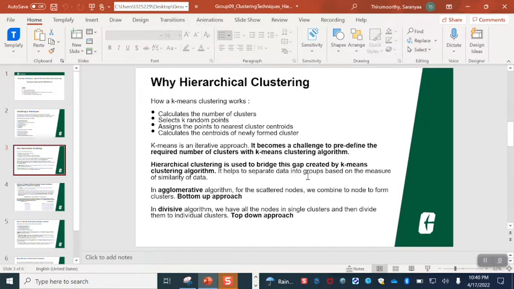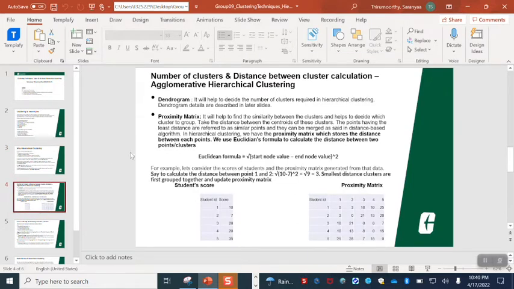To implement these approaches, we require two different values. One is the number of clusters required, and the other is how to identify the similar clusters. To identify the similar clusters, we must compute a value called the distance between the clusters.